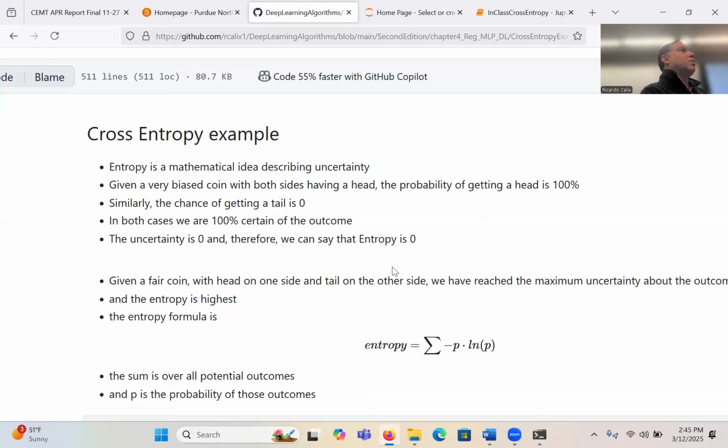Got it, guys? So when you're talking about these things, the way that you phrase something can confuse you, so it's best to go by written things that you can use as anchors. So I will start with the concept of entropy, and then we're going to look at how entropy becomes cross entropy.